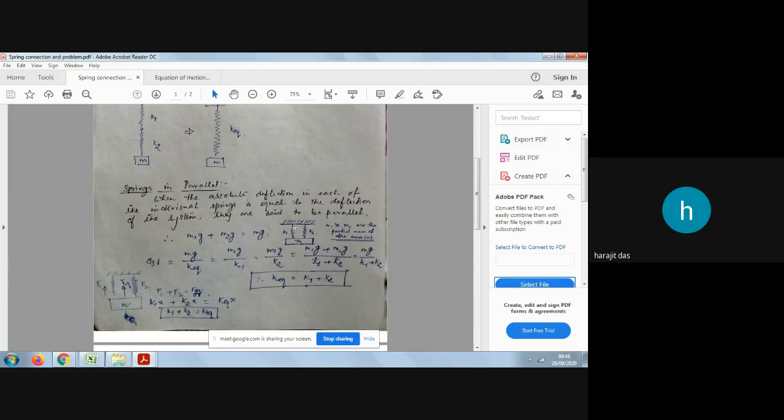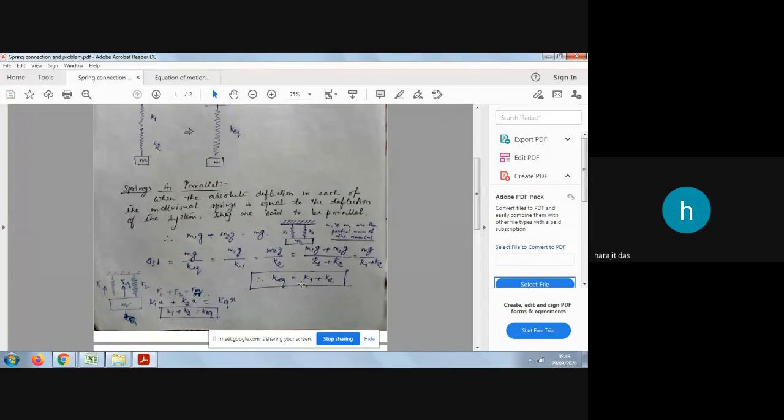By whatever amount it goes downward, that same amount applies for the K1 spring and the same amount for the K2 spring.